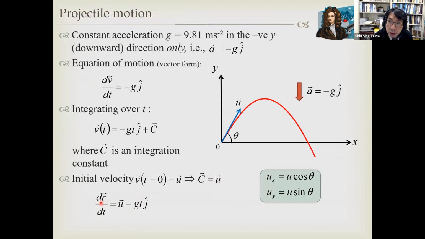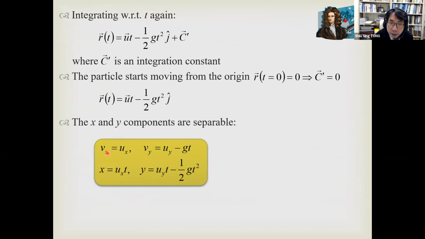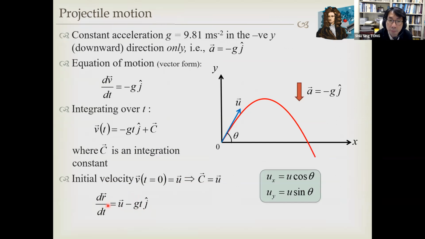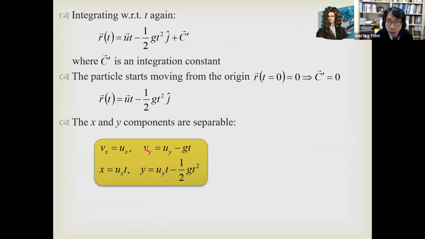The x component of velocity is simply vx, and the x component of the initial velocity is simply ux. So we have vx equal to ux. If we take the y component, this becomes vy, this becomes uy, and the y component of j is of course minus gt. So we have the equation for the y component of the velocity.